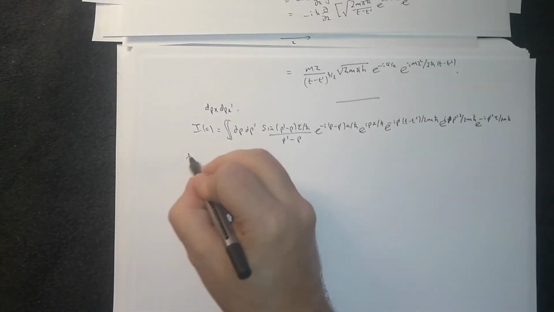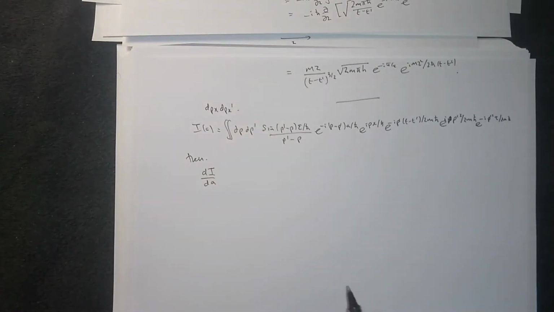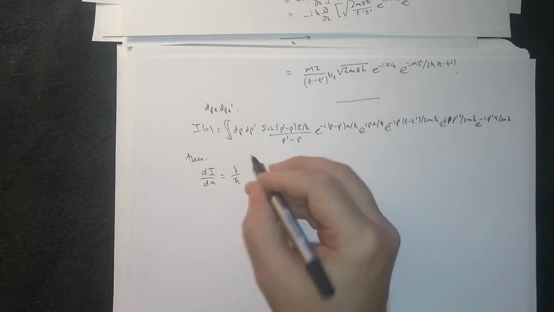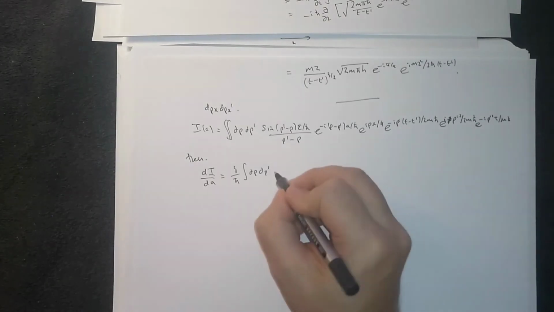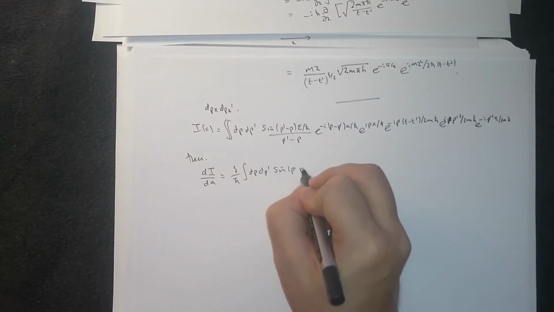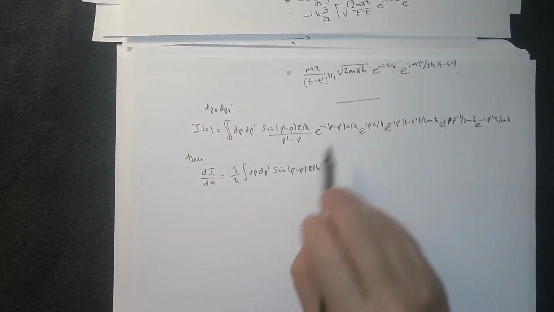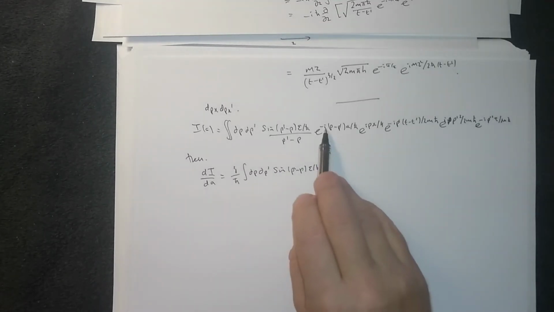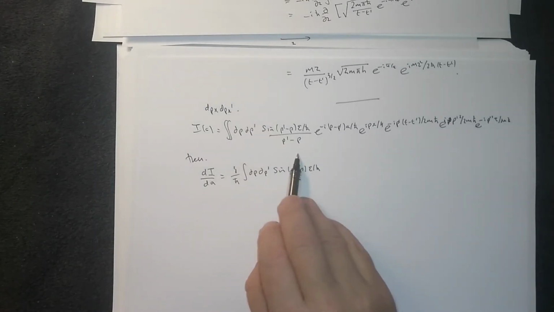Then differentiate that with respect to a, and we'll get i over h bar, integral dp dp prime, sine of (p prime minus p) epsilon over h bar. So that brought down a factor of p minus p prime, which cancels with that. The minus i came down in the denominator, so that gives me that thing.